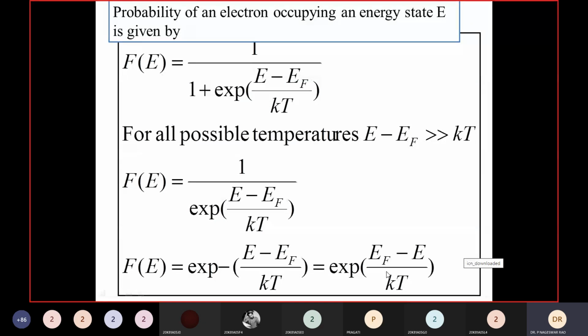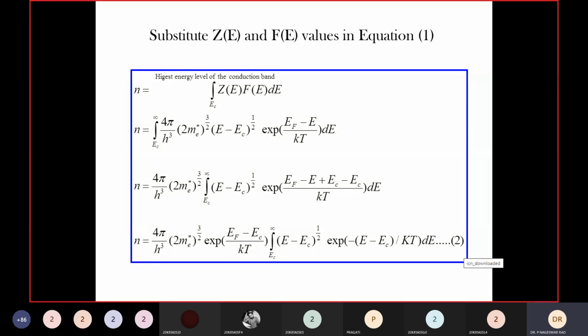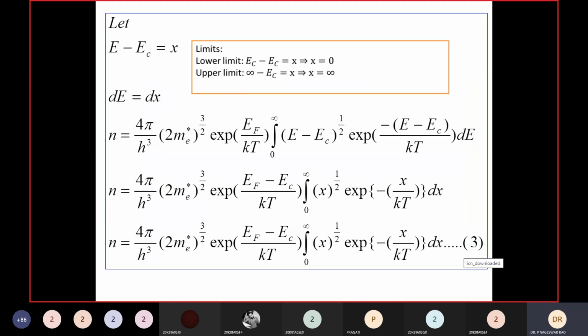Here we are using one substitution: instead of E minus EC, we take x. Substituting that x value, we get the integration of x power 1 by 2 into exponential of minus x by kT dx, that is, exponential of minus ax dx.